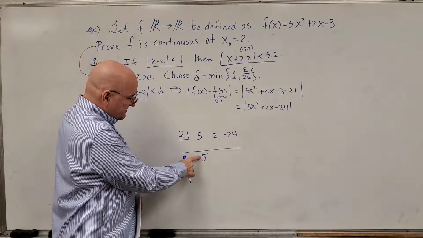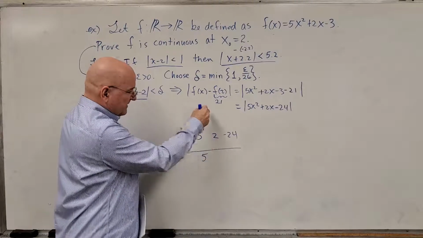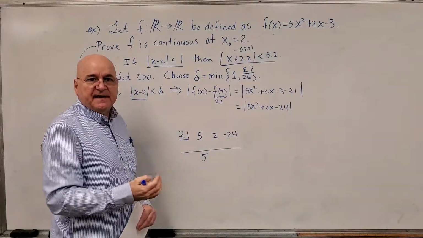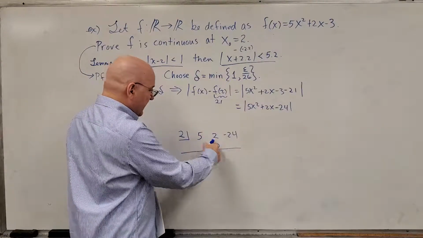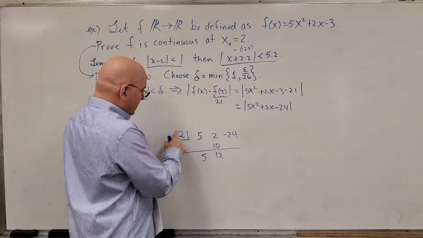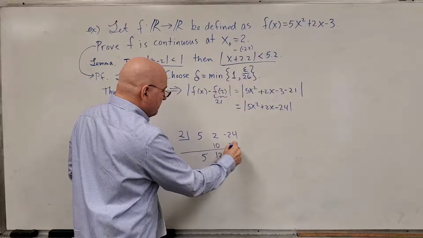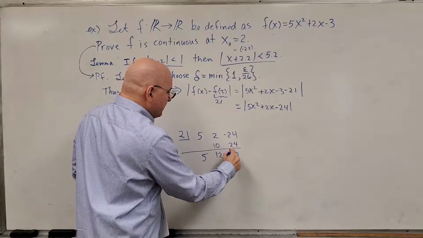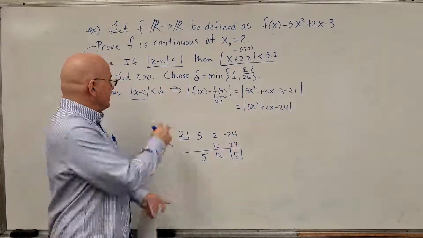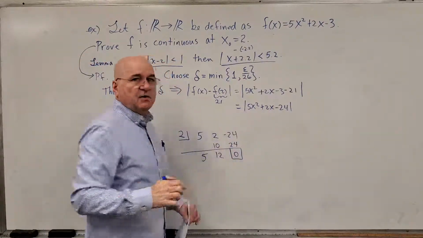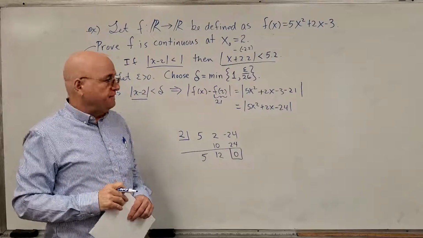You take the 2 times this number and you write it right there, and you add the next column, and you repeat that over and over. So 2 times 5 is 10. Add this column to get a 12. 2 times 12 is 24, and that becomes a 0. That's your remainder. So since it's 0, it means x minus 2 went into this polynomial evenly with no remainder.